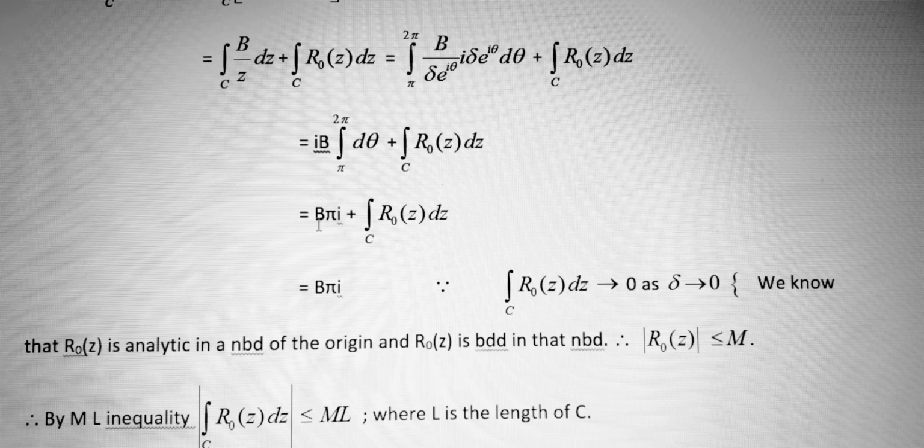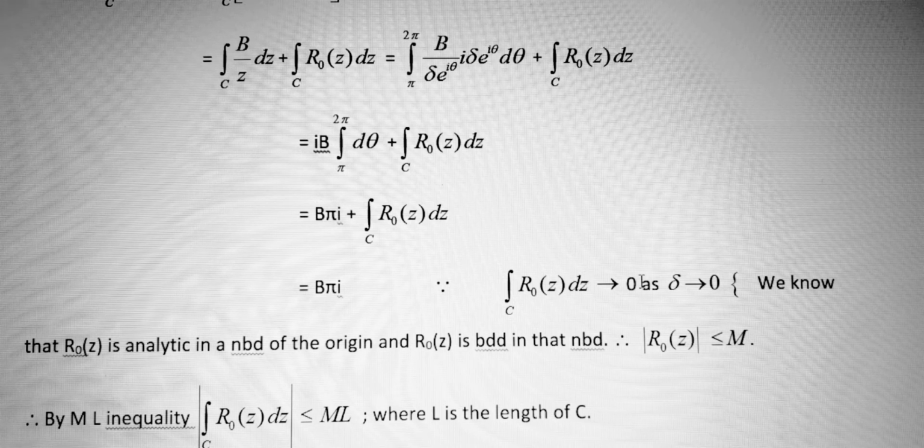Therefore, this is b pi I plus integral over C r naught of z dz. Now, this can be written as b pi I plus 0, because integral over C r naught of z dz tends to 0 as delta tends to 0. So, it is b pi I.